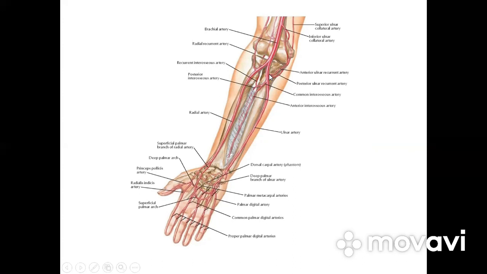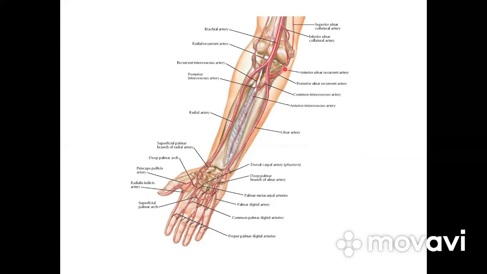First of all, we have two ulnar recurrent arteries, anterior ulnar recurrent artery and posterior. The anterior continues upward, lies in the anterior medial ulnar groove, where it will make an anastomosis with the inferior ulnar collateral artery.